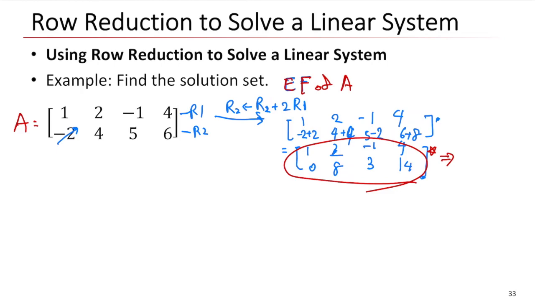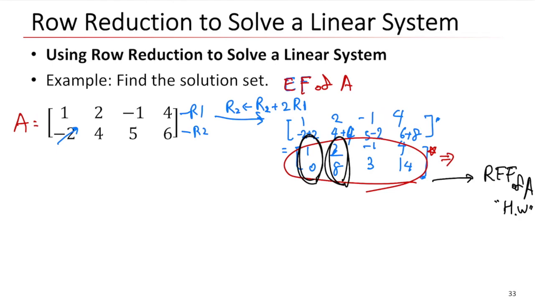Okay, first of all, what is the basic variable and what is a free variable? Because these two columns are pivot columns, you can do further to get the reduced echelon form of the matrix. Please do it yourself, right?